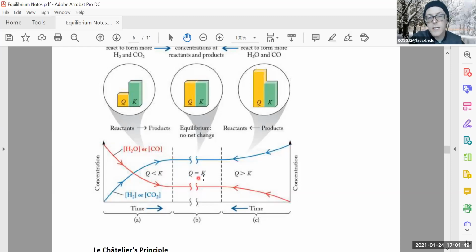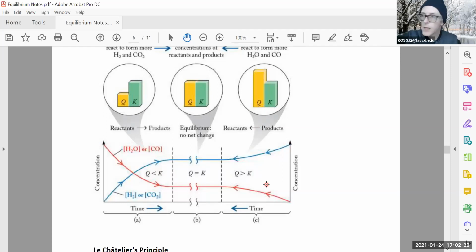So this is when Q is equal to K. So when Q is equal to K, I'm at equilibrium. When Q is less than K, my equilibrium is going to shift right. And vice versa, if I've added too much product, then I could reverse this process and shift back towards equilibrium by shifting left.